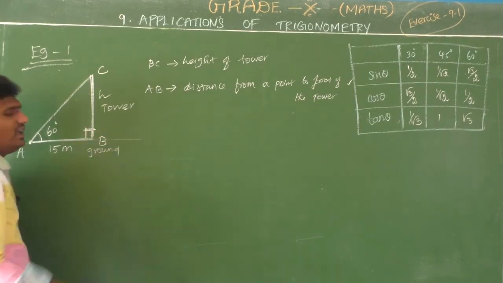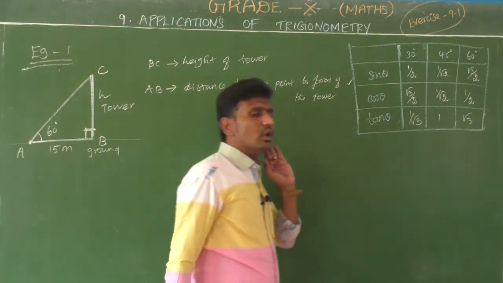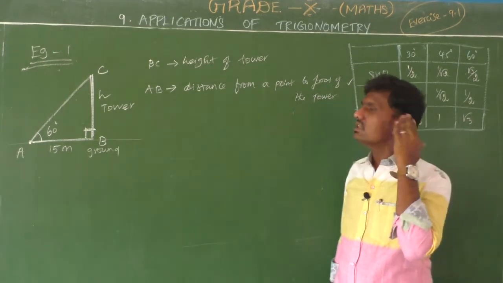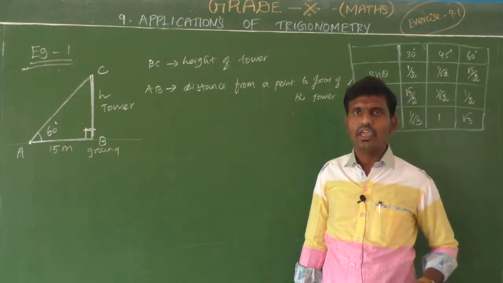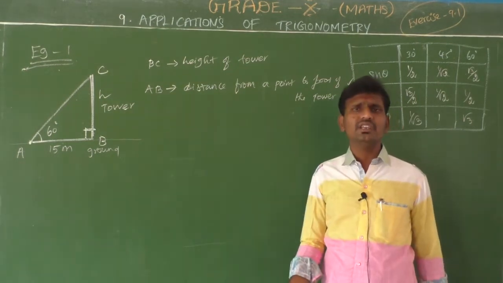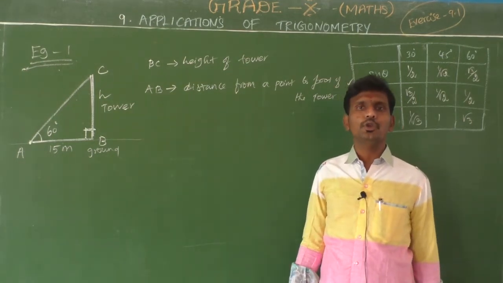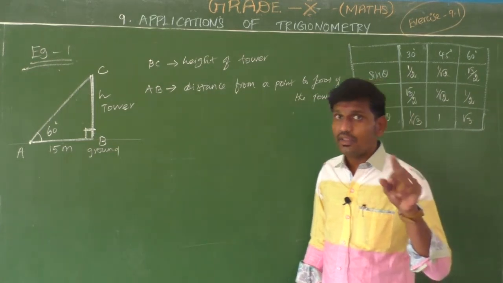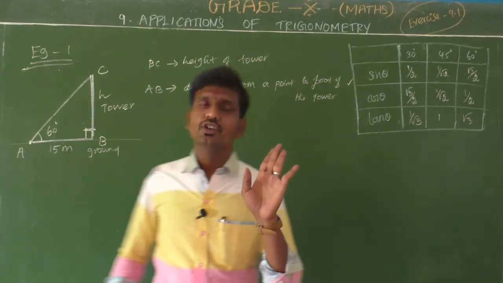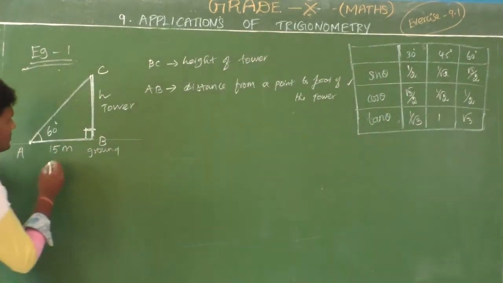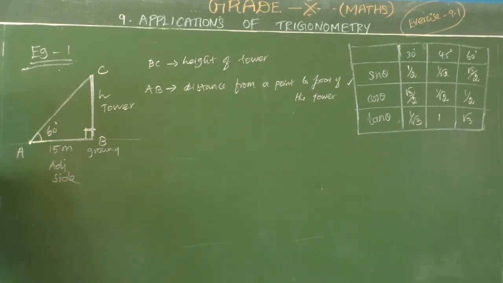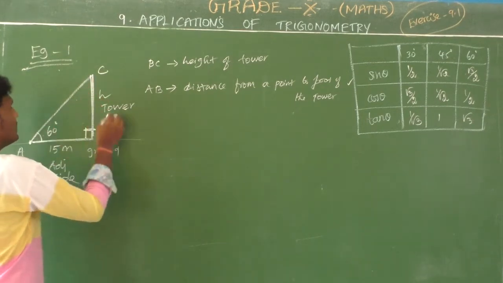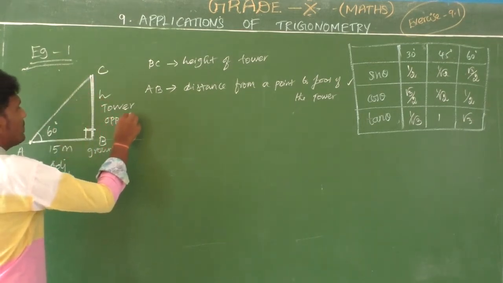Yes students. Here we are going to use the three ratios only: sin, cos, tan, as I already told you. For which question, which ratio should I use? It is very simple. What is the given part? This is the adjacent side, and what we are going to find, the height of the tower, is the opposite side.